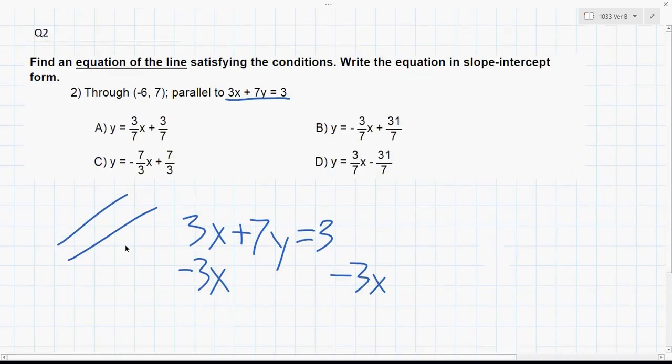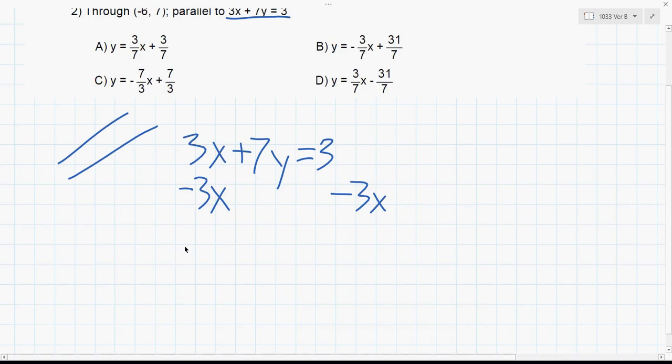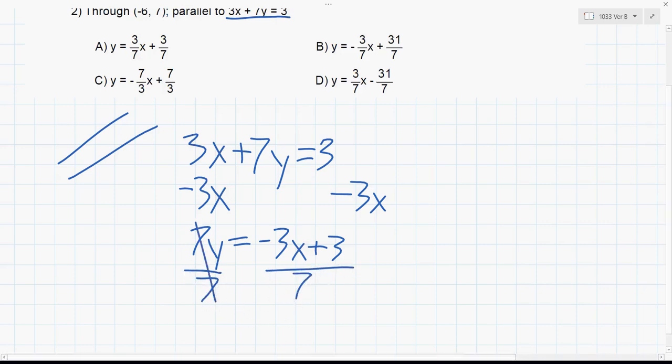Then we rewrite it as 7y equals -3x plus 3, and divide both sides by 7 to cancel out the 7 and leave y alone. Rewritten, this is y equals -3 over 7 x plus 3 over 7.